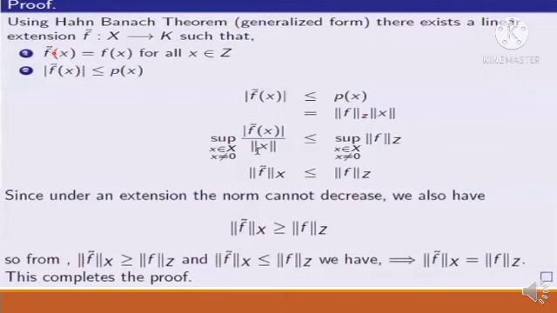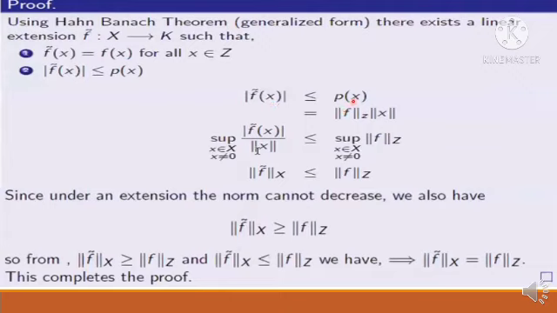The value of f tilde on x and the value of f on x will be the same, and this linear extension will also be bounded above by this sublinear functional p of x. So here the absolute value of f tilde of x is less than or equal to p of x.